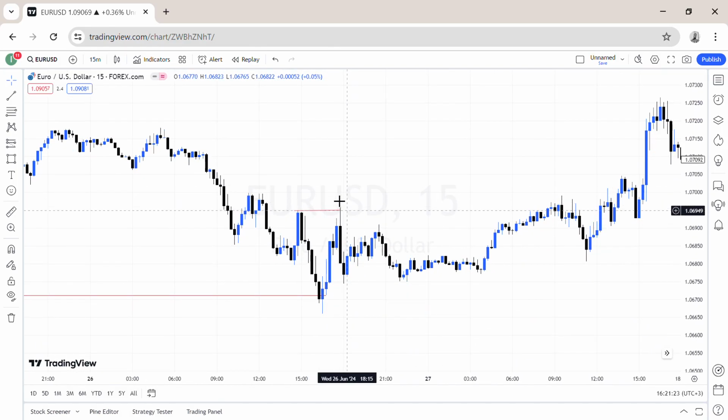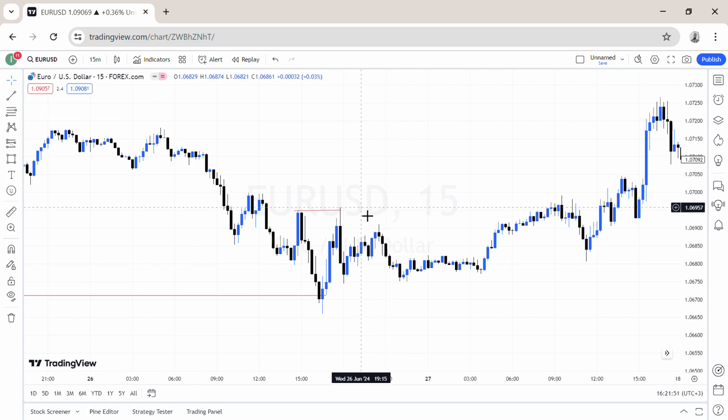A valid market structure shift should close above this high, this one. Like in this case, we see that this high was just wicked and the candles closed below it. So the candles closed back inside. At this point, I still don't have a valid market structure shift yet. It's just, if I was expecting a reversal, of which I am.